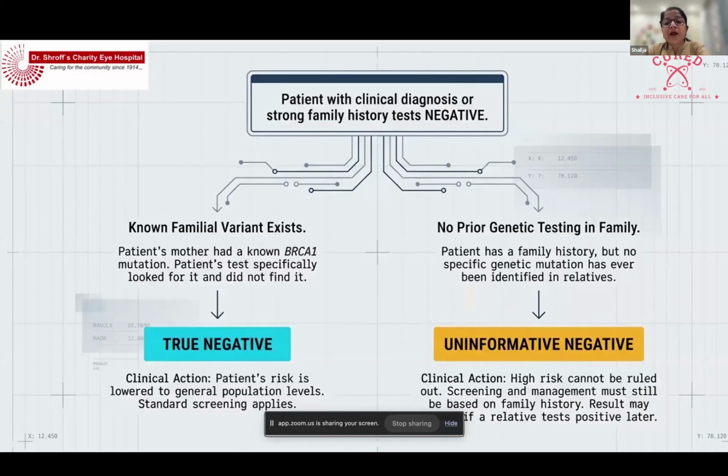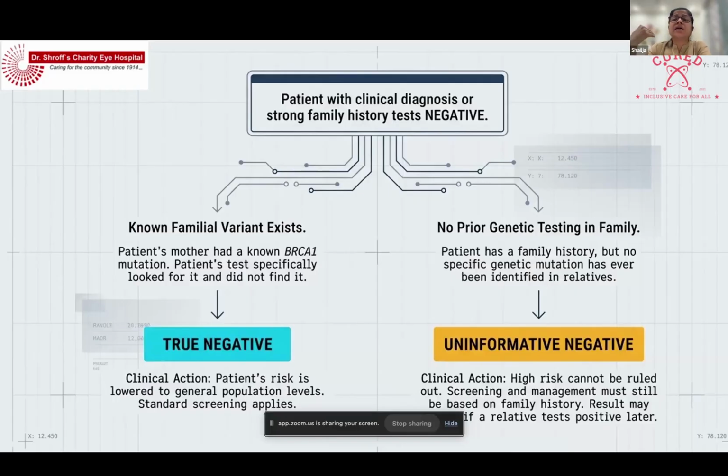Whereas if there is no prior genetic testing in the family, but there is a family history and you get a negative, it is an uninformative negative. To explain this, for example, if somebody has a history of breast cancer in the family, and just that person wants to know whether she carries the risk.